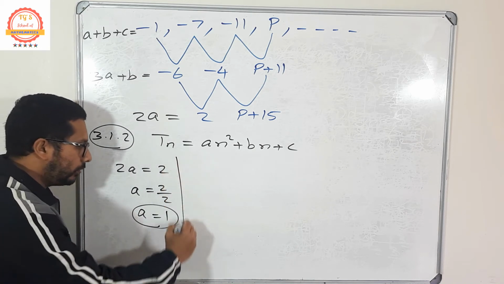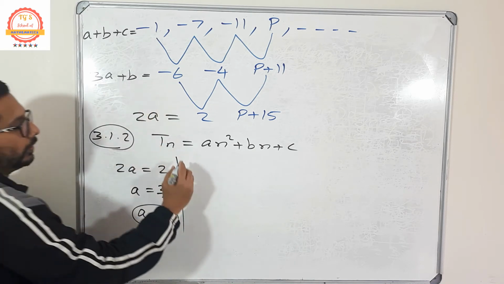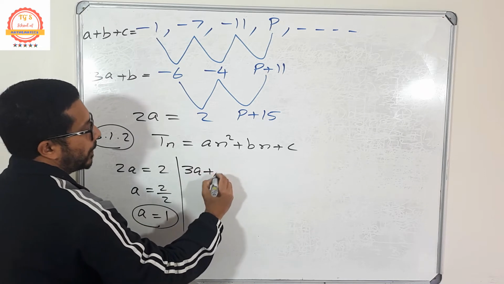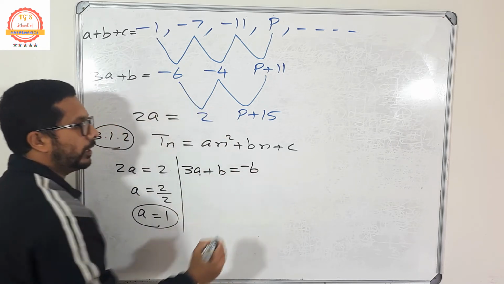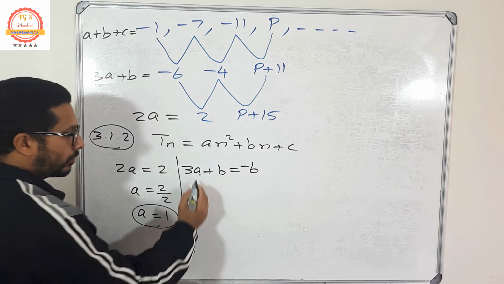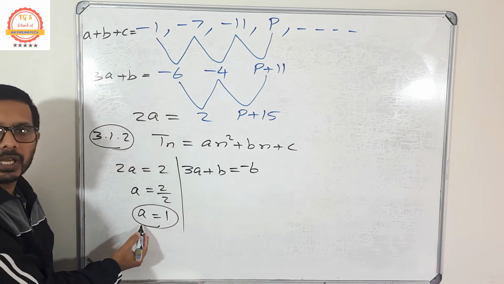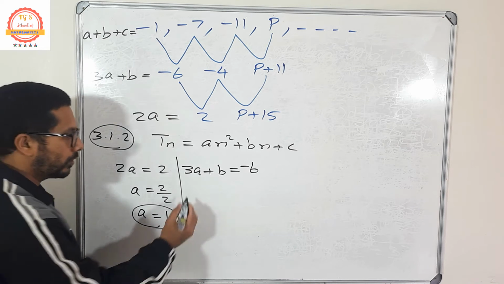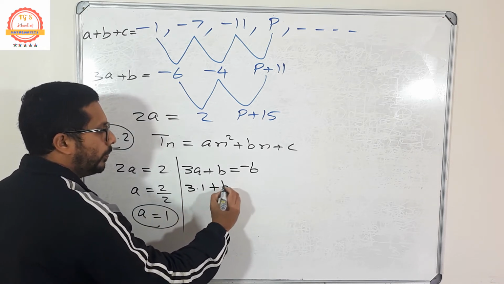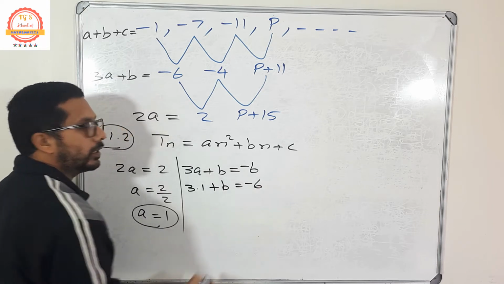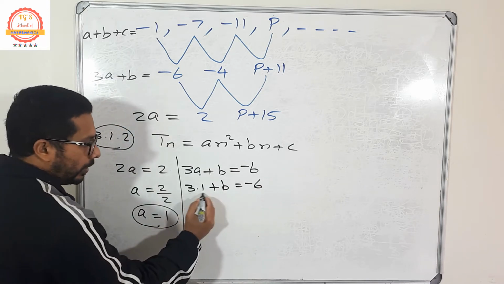Now let's take the second one. 3a plus b is equal to the first difference, that is -6. We already got the answer for a: a is equal to 1. So we can substitute that: 3 into 1 plus b is equal to -6. 3 times 1 is 3.